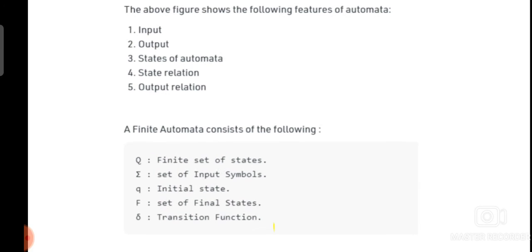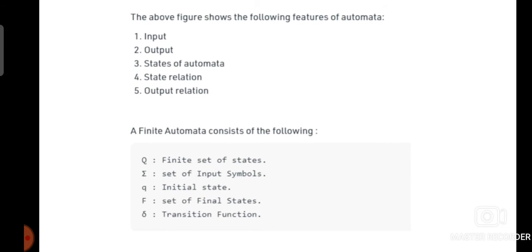Formally we can define the finite automata with the help of 5 tuples. We will represent it with the help of 5 symbols. Q is the finite set of states, and sigma is the set of input symbols. Small letter q is the initial state, so small letter q belongs to capital letter Q. Capital letter F is the set of final states.